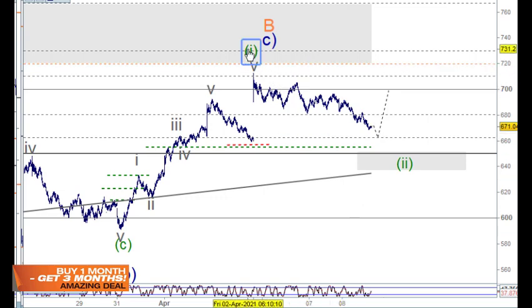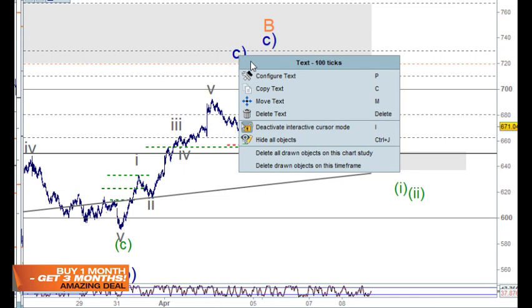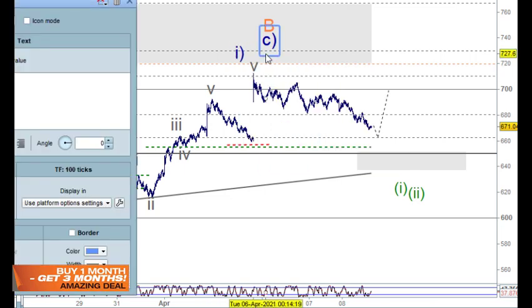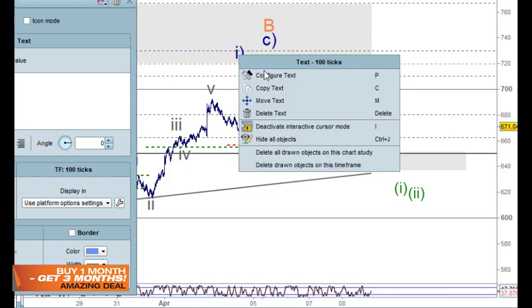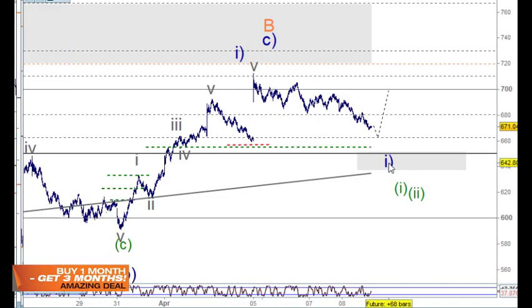And anyway, that wouldn't be wave 1 of that degree there either, so I'd need to put this in. It's possible, we'll just play it out.